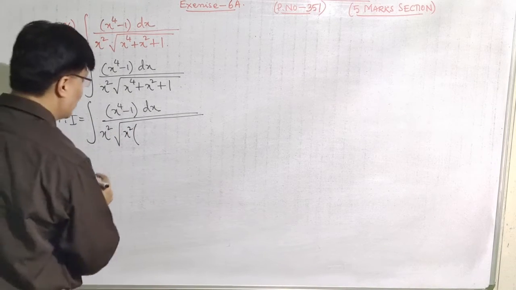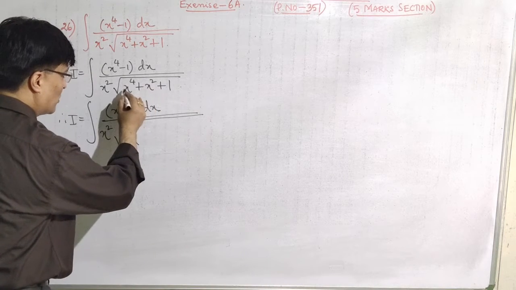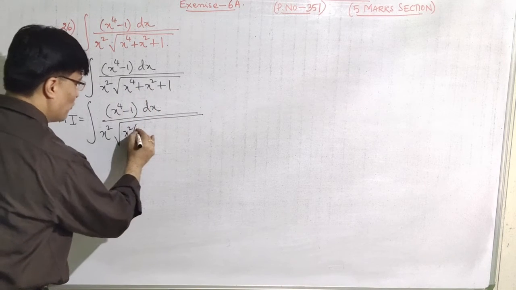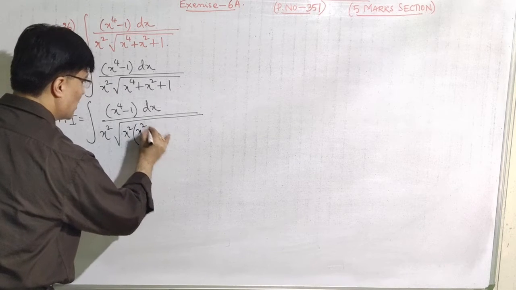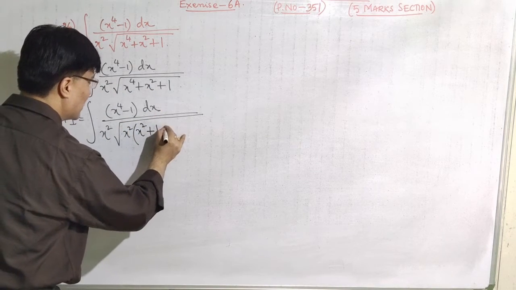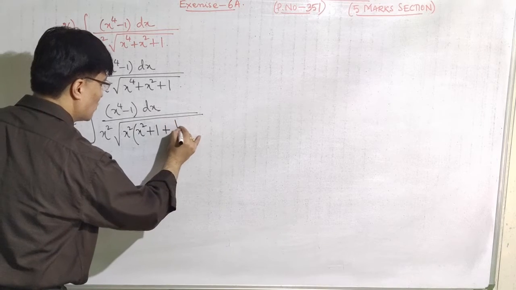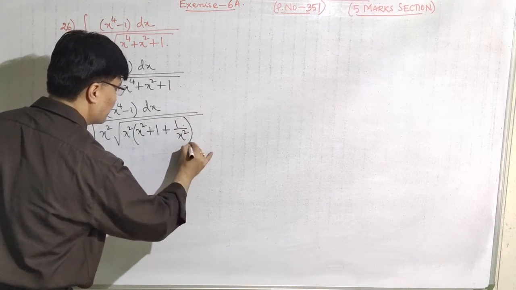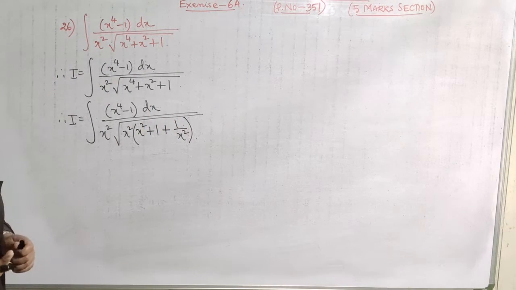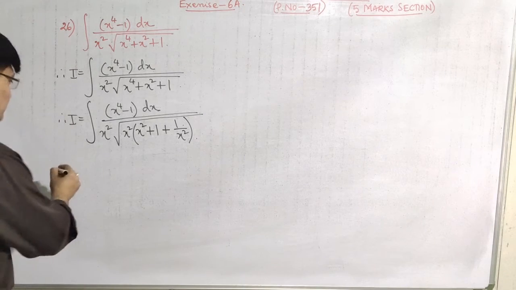So within bracket, what do we get? If x square is common here, so since this is x to the power 4, it should be x square plus x square is taken common 1 plus, since this is 1 upon x square. So I think you have understood it. Okay.